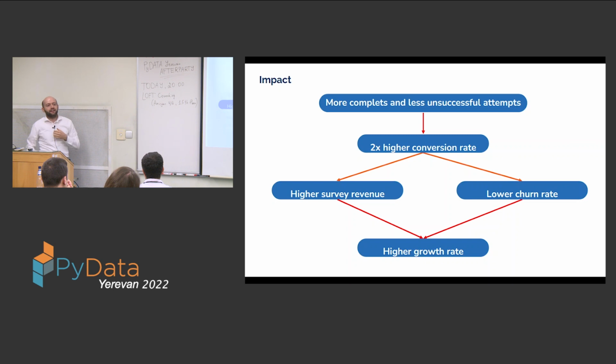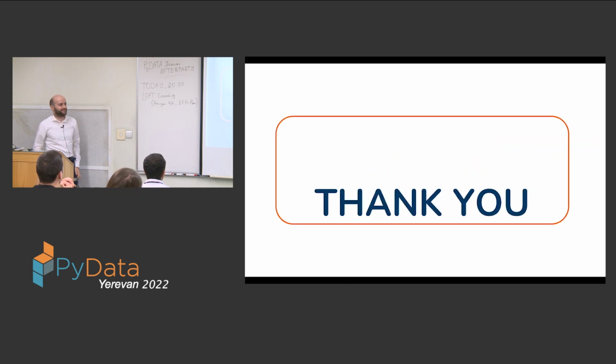It means that our users are now making 20 to 30% fewer clicks, but are completing more surveys and earning more revenue. They do not need to try many times to get the survey on which they will convert. I think that's it. Thank you.